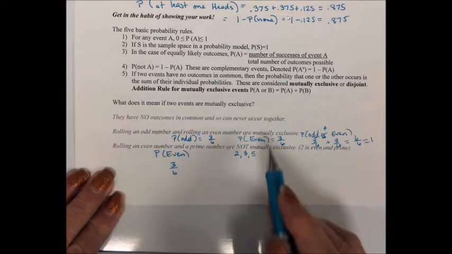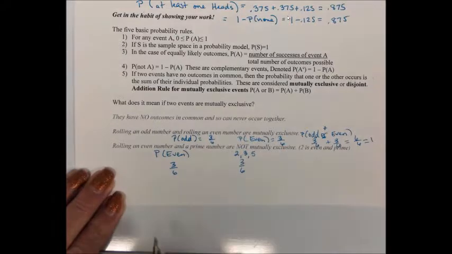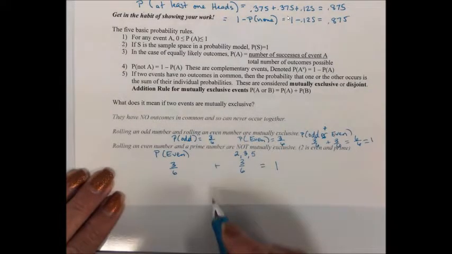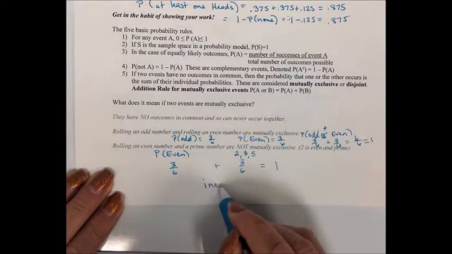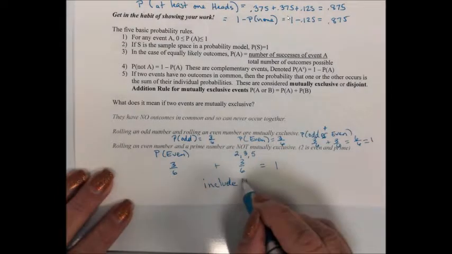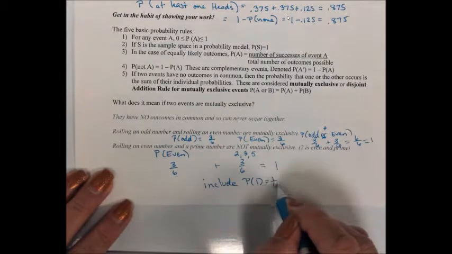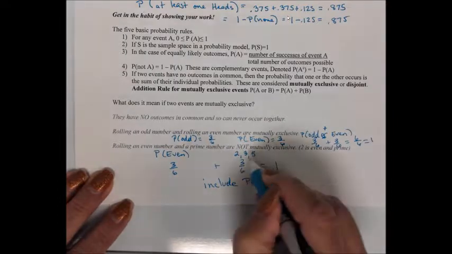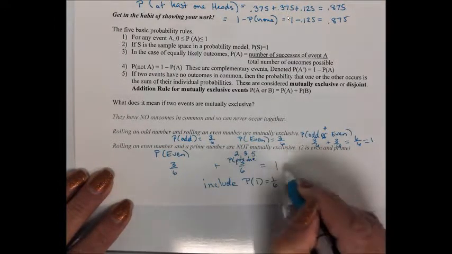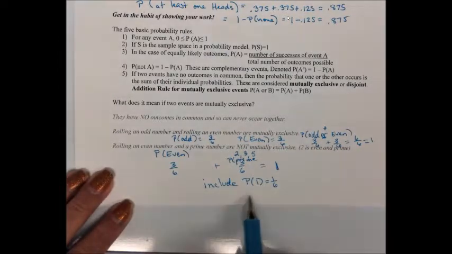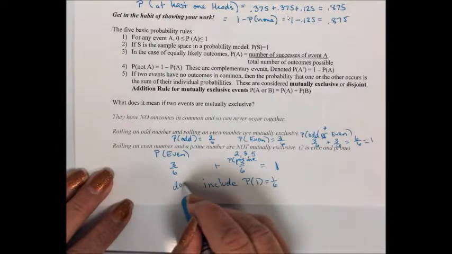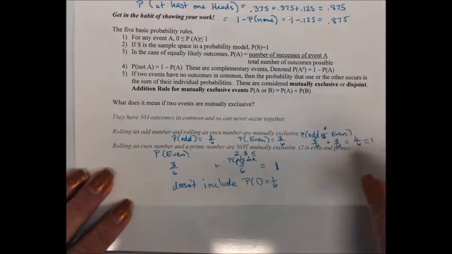The thing is, that's also 3 out of 6, but that is 1 whole already, and I didn't include 1 in my roll at all, so it shouldn't add up to 1 because I'm missing the probability of a 1, which is 1 out of 6. So if I say probability of odd and probability of prime, if I add those two numbers together, I'm already at 1, which means rolling a 1 couldn't even happen. So that would be a problem.